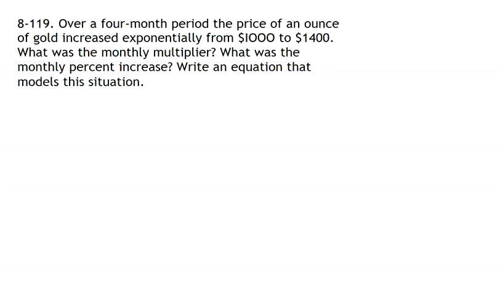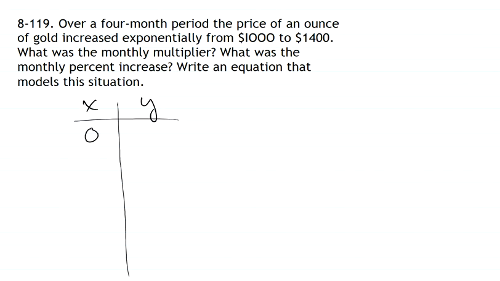So first of all, I want to organize a table of values here and put the information that I know down. If I let X be the number of months that this has been going on, and Y be the value of an ounce of gold.